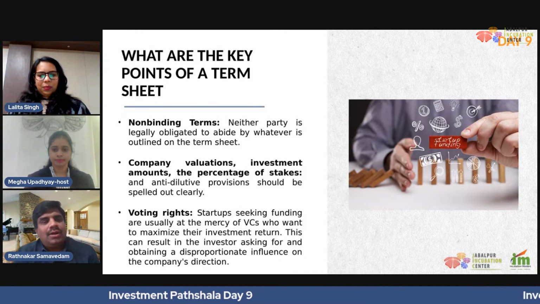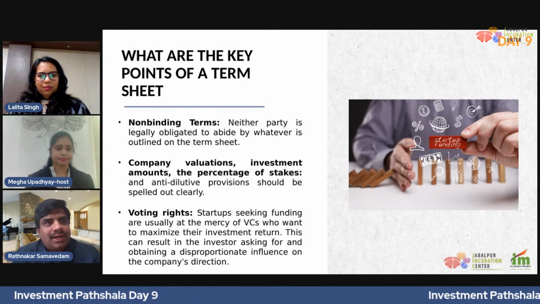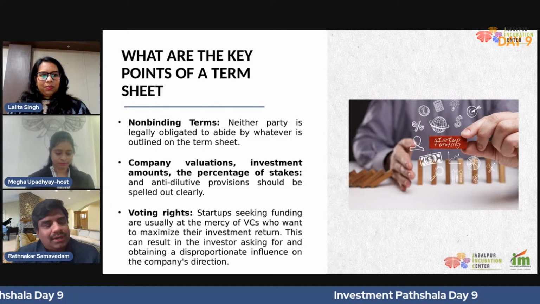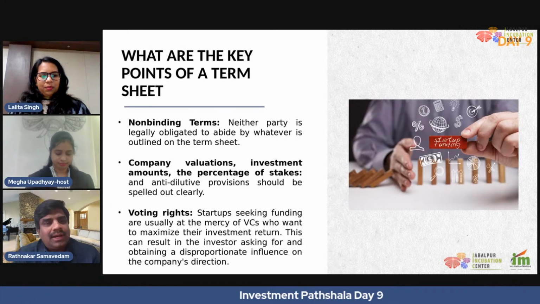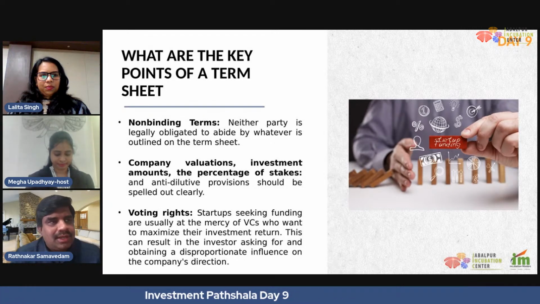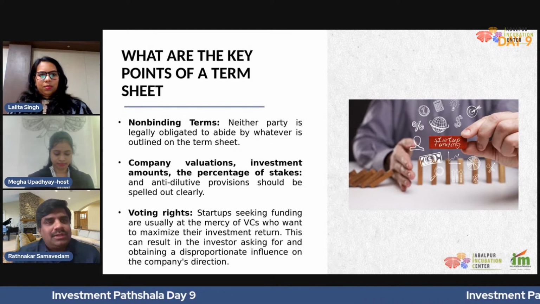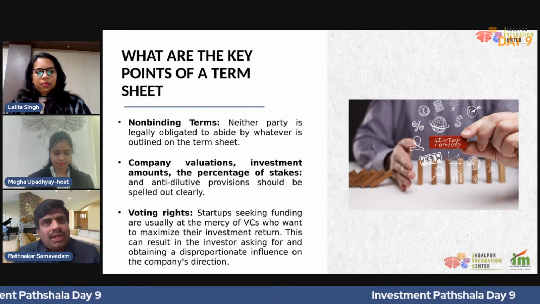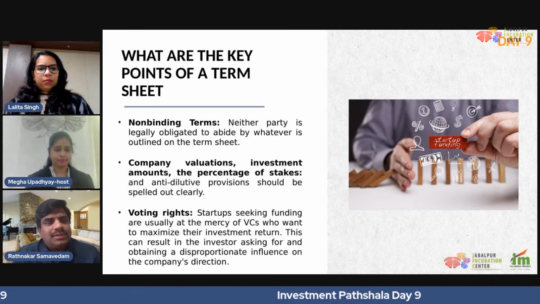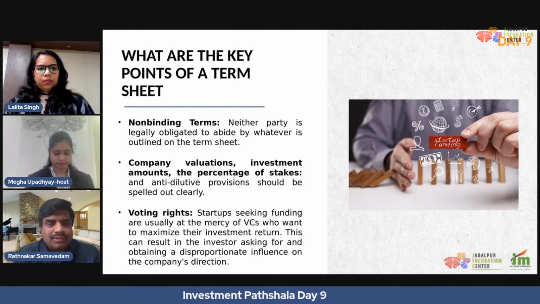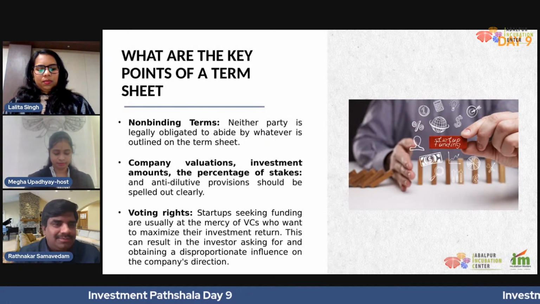And you all know there are certain rights which the board has authority to take. There are certain rights a shareholder has to approve. If 51% of the shareholders approve, it passes. In one or two special cases, 75% of the shareholders have to agree for it to pass. There are clear terms agreed.